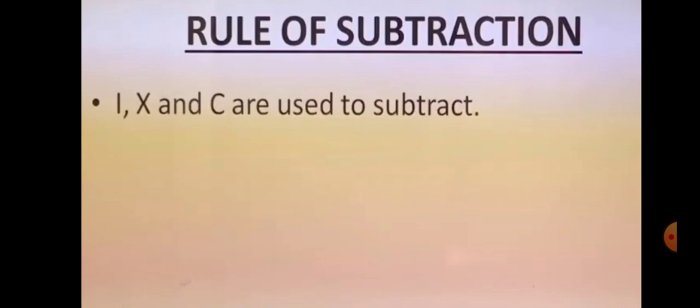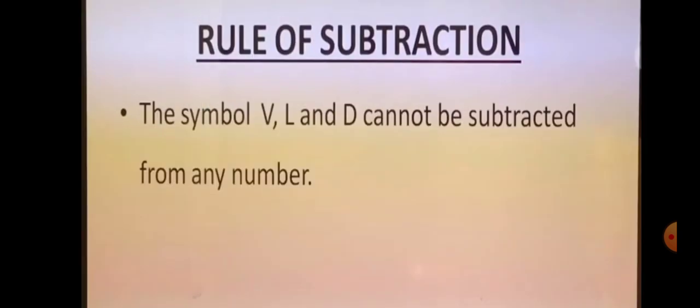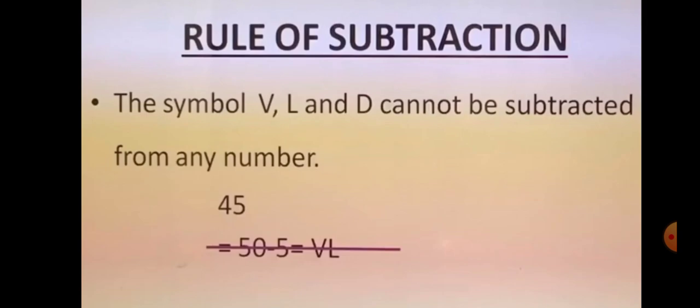Rule of subtraction. I, X and C are used to subtract. These three symbols we can use to subtract. The symbols V, L and D cannot be subtracted from any number. Now see, 45 is there.